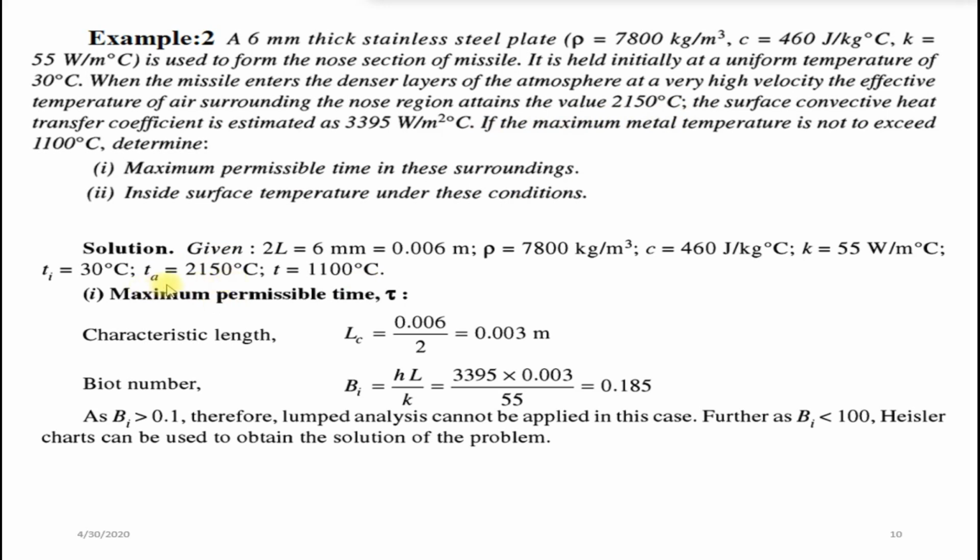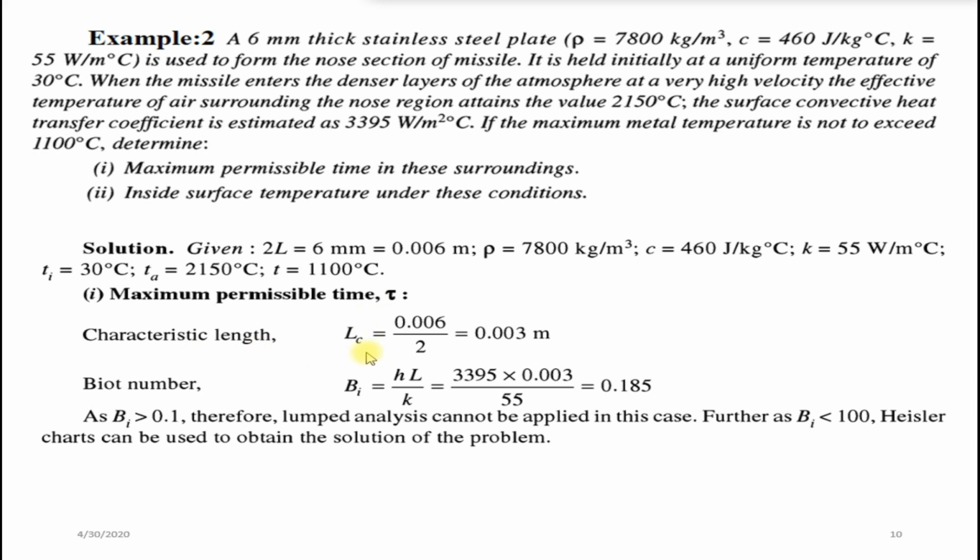Ta or T infinity. Then temperature T is given. The temperature is not to exceed 1100. This is the value of T, 1100 degrees Celsius given. We have to find out now the maximum permissible time t. For that, initially we have to find out the Biot number.